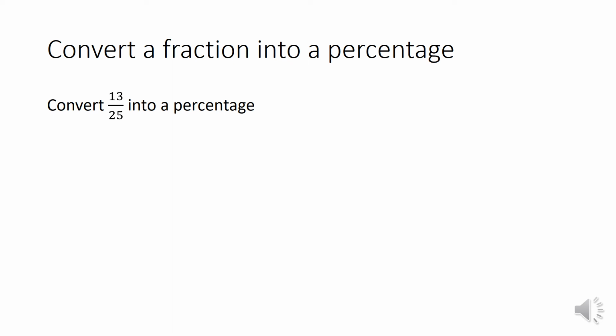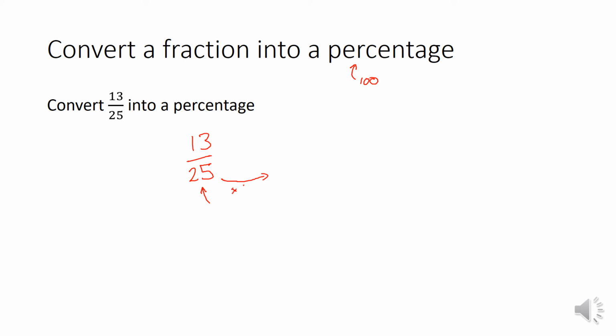Okay, we've got this one and one more example, so 13/25ths. Again, we're dealing with percentage, so 100 is the number we're going for. So we want our denominator, or the bottom of the fraction, to be 100. So what can we times 25 by to get 100?